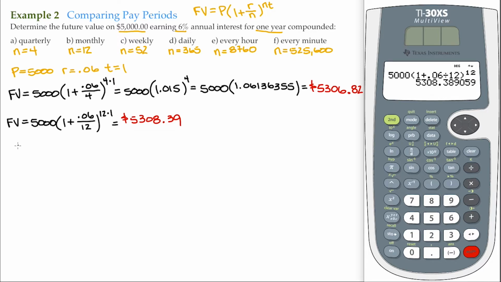Let's try C. $5,000 times 1 plus 0.06, except this is 52 compounds. This compound is going to affect our principal 52 times out of the year for the life of the loan. This just happens to be 1 year.